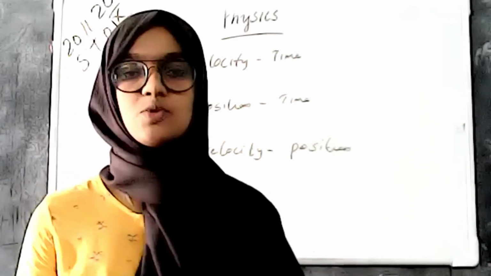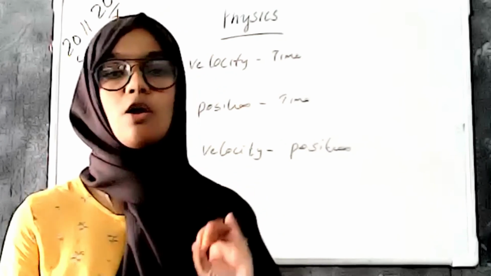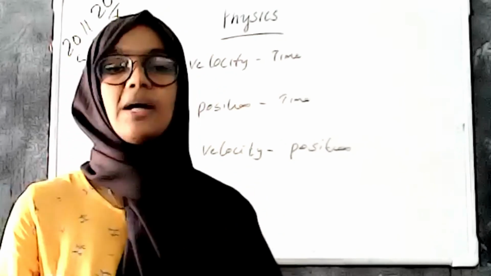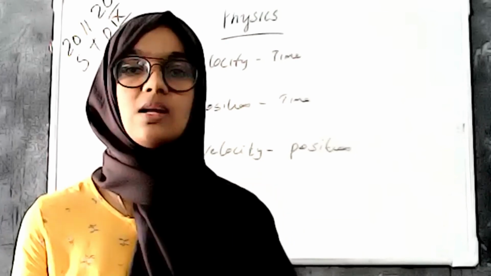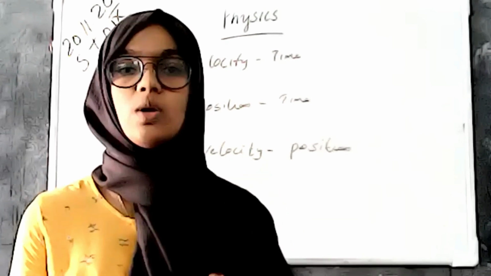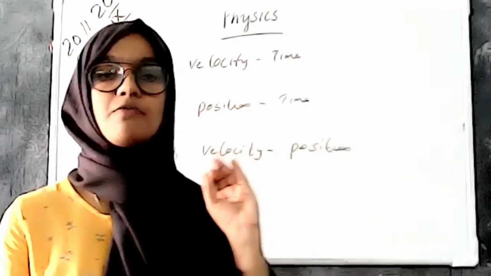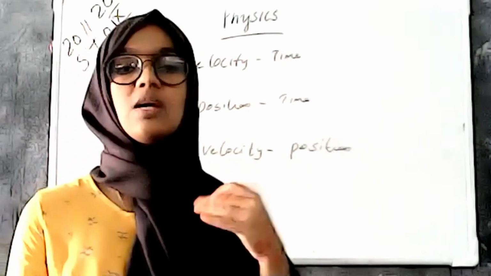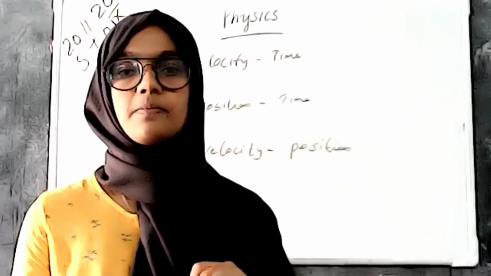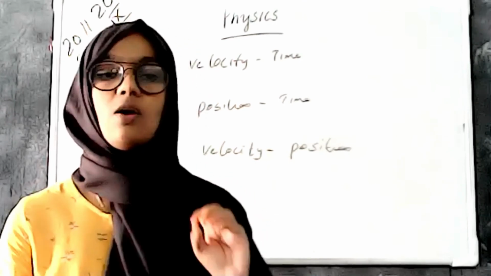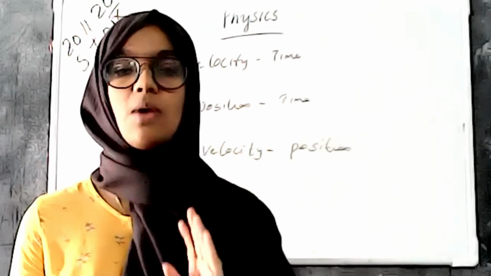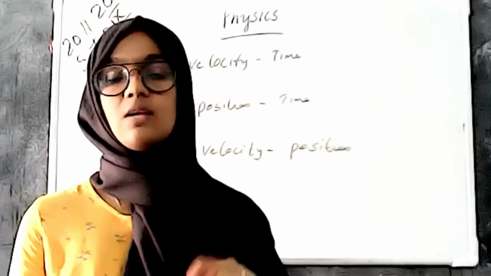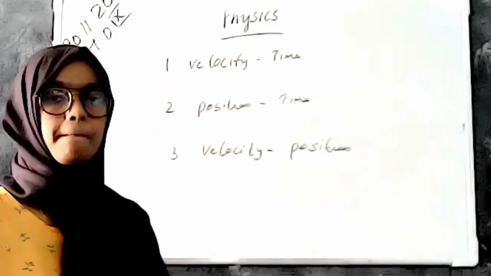So these are the three substitutions used in all of these derivations. Another substitution used here is the acceleration of the body, and the area of the quadrilateral gives the displacement of the body. All of these points are used in each of the derivations.